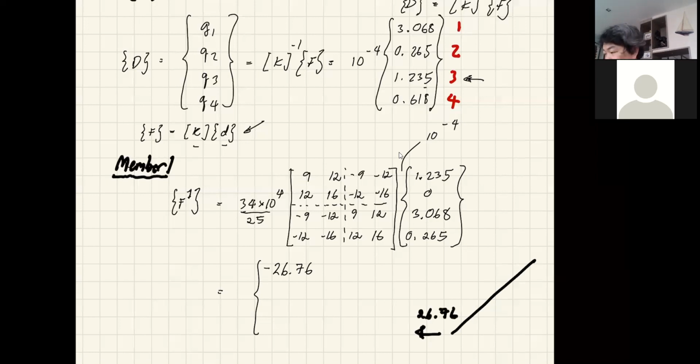26.76. The second one, we get minus 35.68. Again, that's minus, so it goes into the minus y direction, like that, 35.68. Can you guys notice one thing?